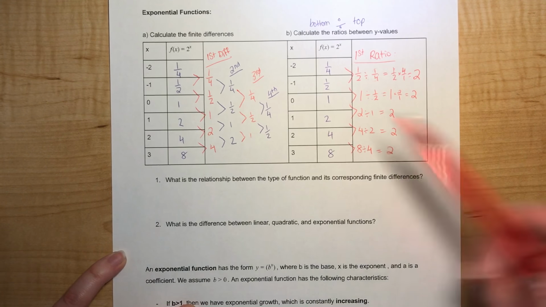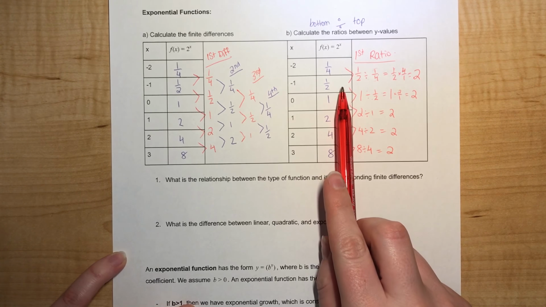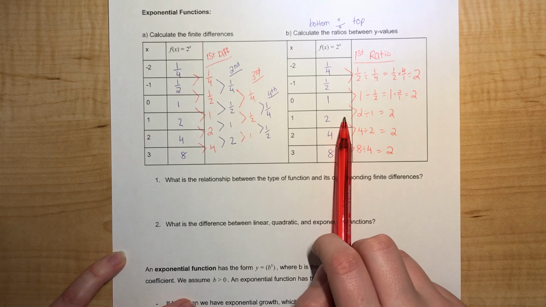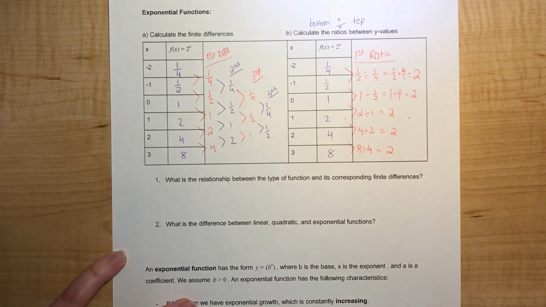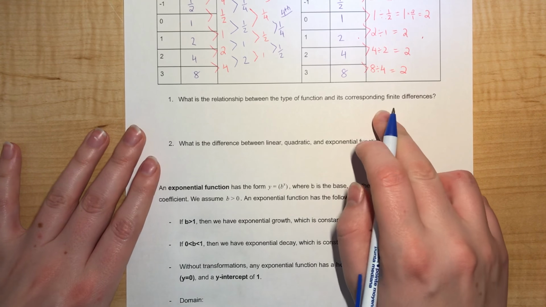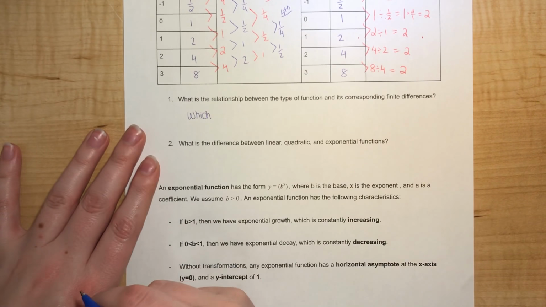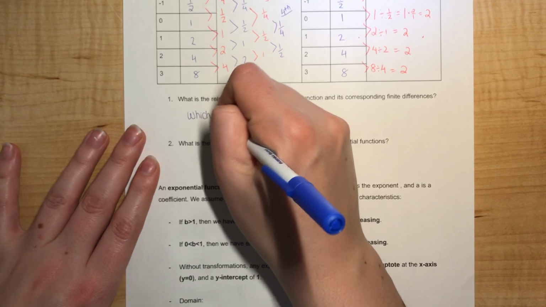So if you find that your differences aren't getting you anywhere, try dividing, because if your pairs of terms are dividing out to the same thing, that's going to tell us it's exponential. So the relationship between the type of function and its corresponding finite differences, whichever differences are the same, tells you the degree.